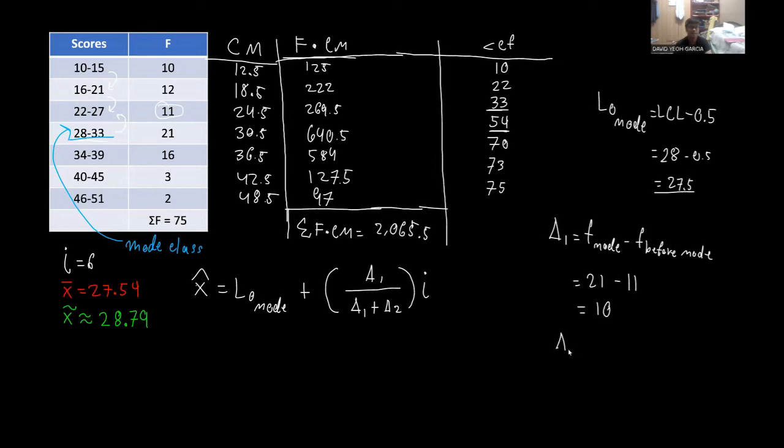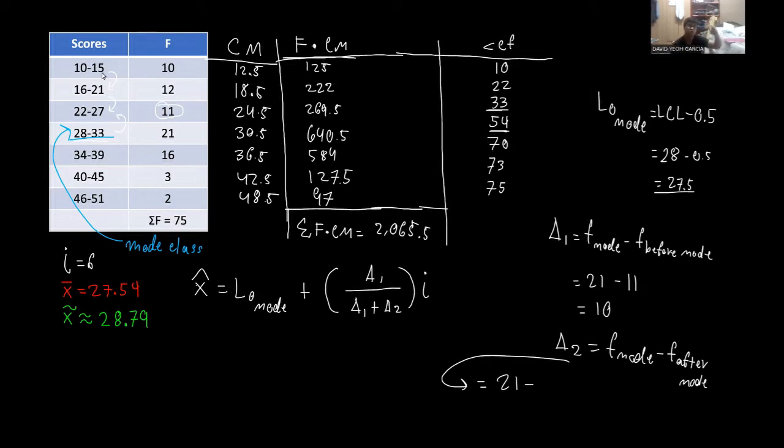Now, last but not the least, delta 2. Delta 2 is similar to the first one, but instead of getting the frequency before the mode class, we get the frequency after the mode class. So here, F mode minus F after mode. Since I have no space, I'm going to move it right here. Forgive me. The frequency of the mode class is 21. Now, how about after the mode?